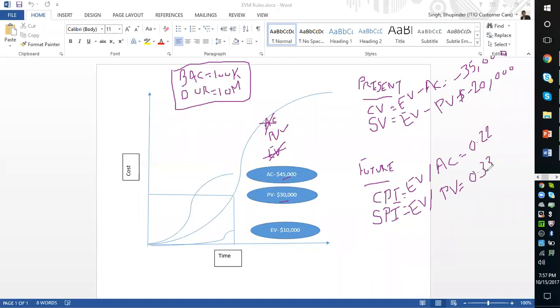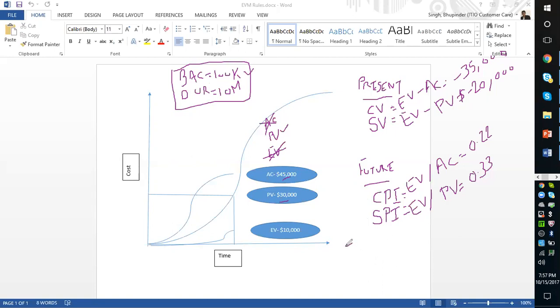What is this index? How is this going to depict and tell me if I am lagging behind, how much is the time that I'm going to take? And what is the additional budget that I need? I don't know at the moment. These numbers are too vague for me to make the judgment. How do we find it out? We know what the budget is. Budget was $100,000, but with the same speed, if I continue, how much would I end up spending is what I need to calculate.